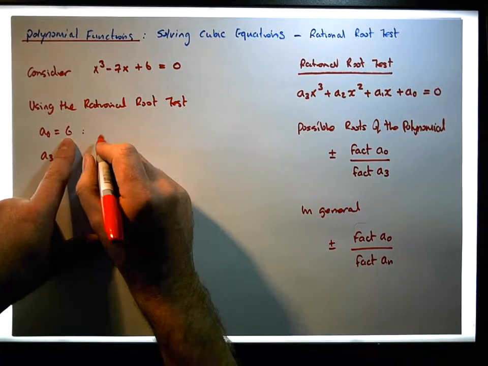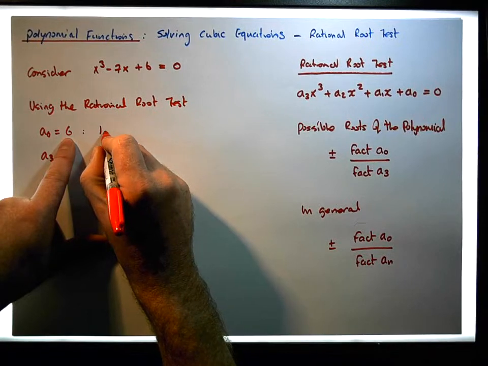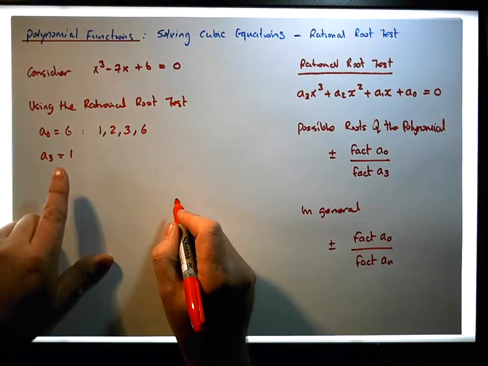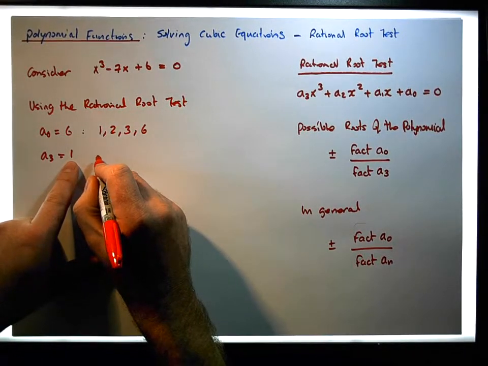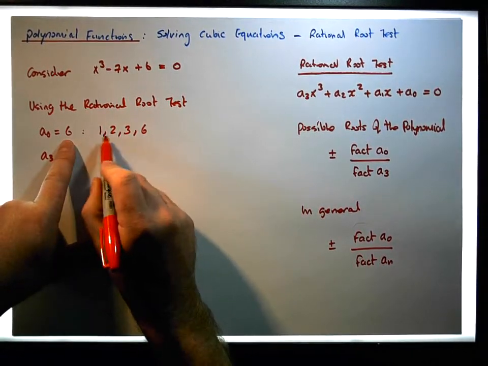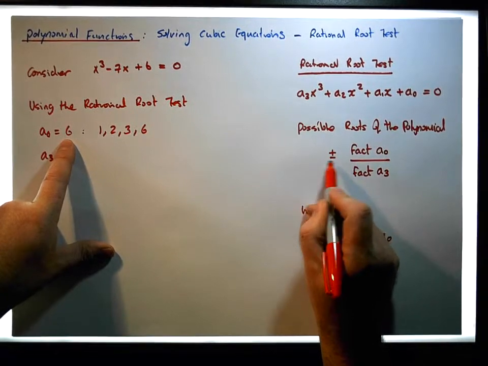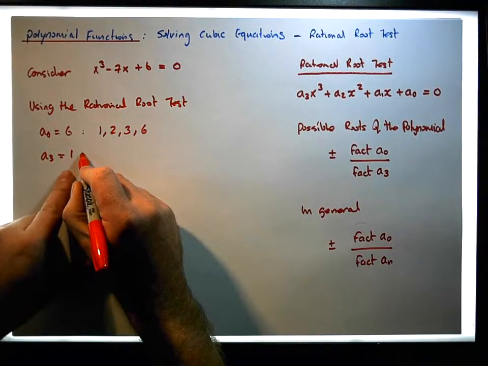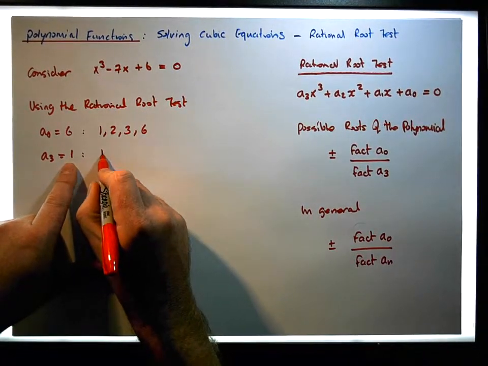All the factors of 6 are 1, 2, 3, and 6 itself. We'll capture the plus or minus terms later, so let's just list all the positive ones. The factors of 1 are simply just 1.